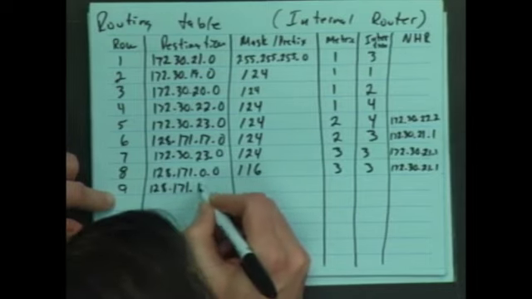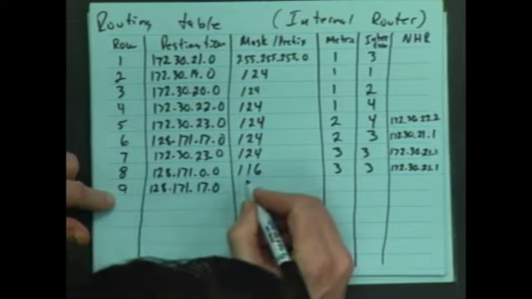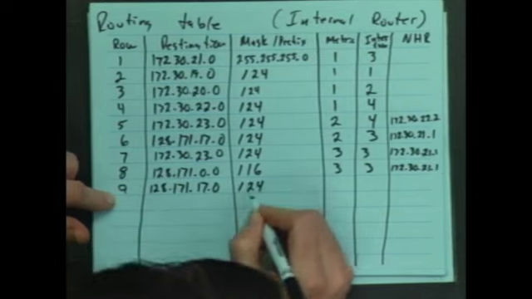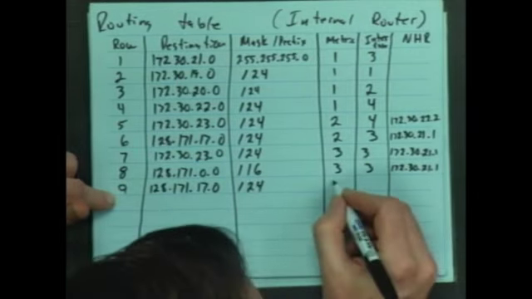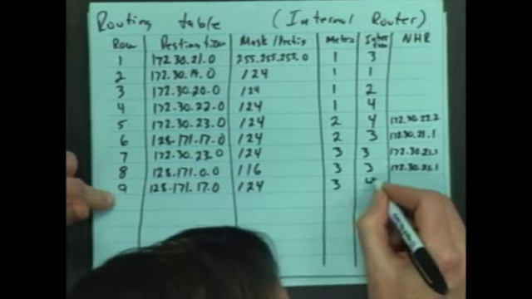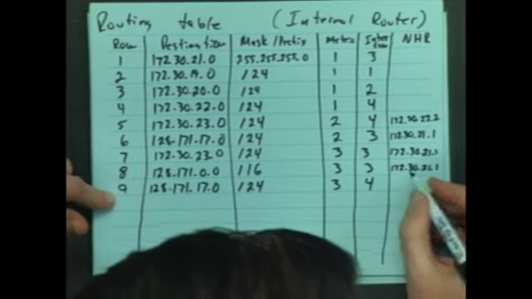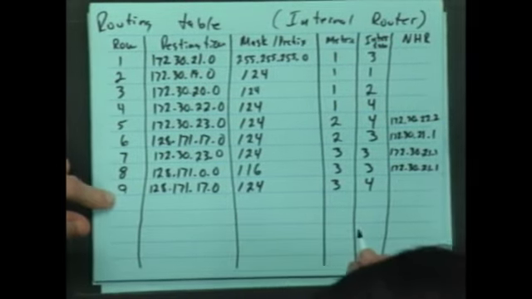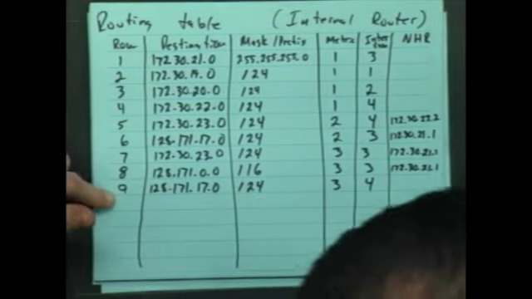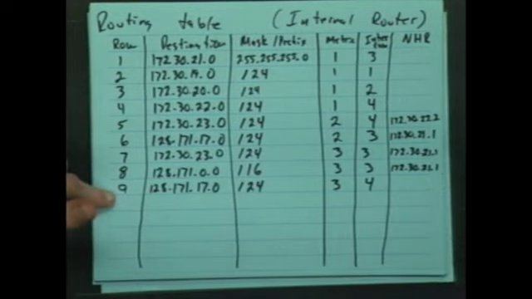128.171.17.0, another /24. This one is out interface 3, and it has 4 hops. That doesn't seem right.